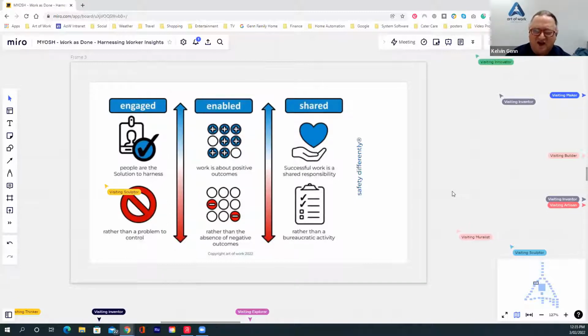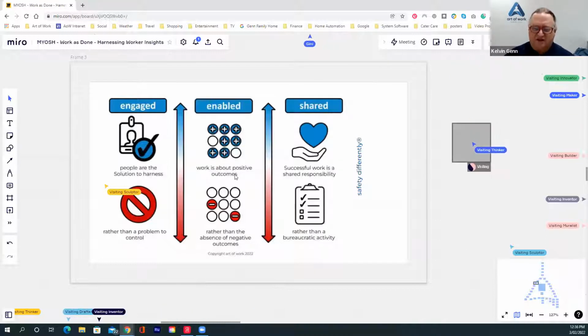We need to harness people as a solution. It's the frontline people who have expertise. It's focusing on the positive, so focusing on getting from people what they know works and how we can actually replicate that, or how we can get to what they know works.